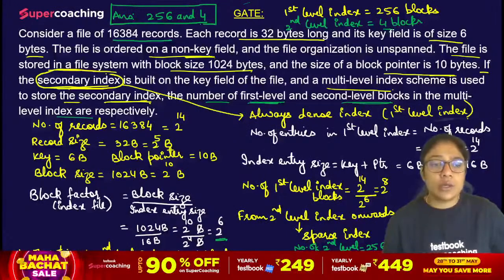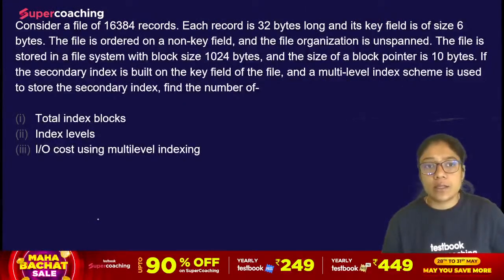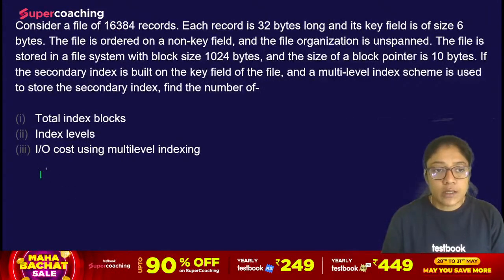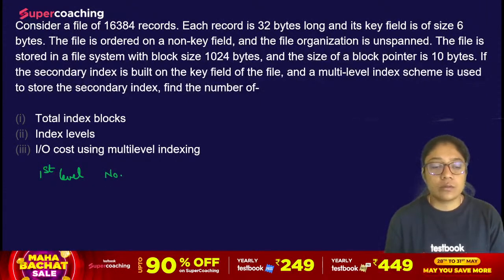I'm going to continue this question in order to answer the remaining parts of the question. So total index blocks. First level index में first level पे number of index blocks.